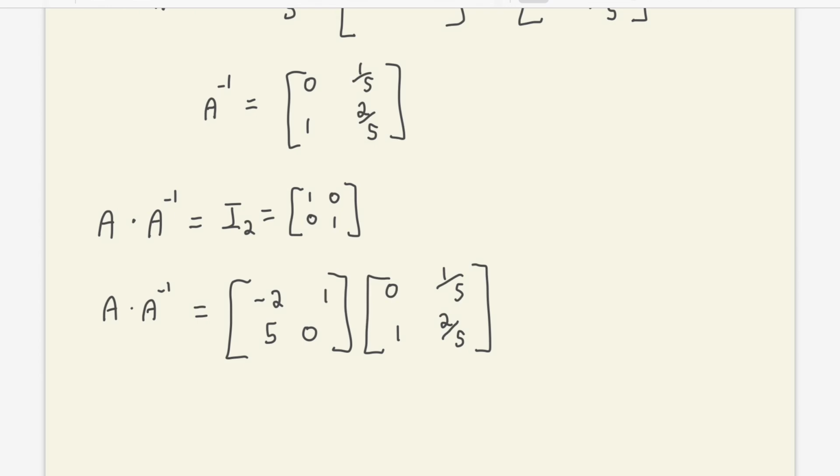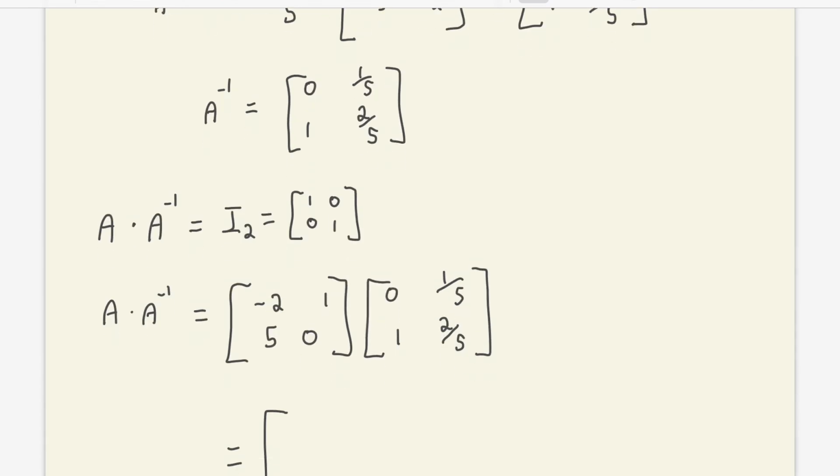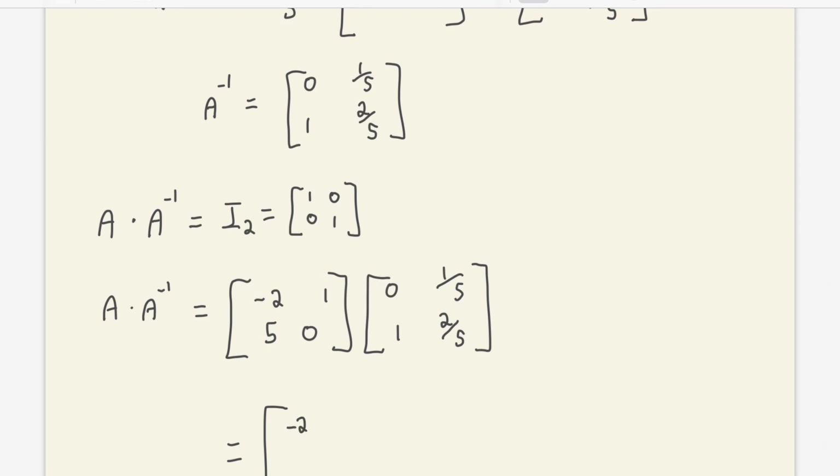So in our first spot, we will have -2 times 0 plus 1 times 1. That is our first row multiplied by our first column.